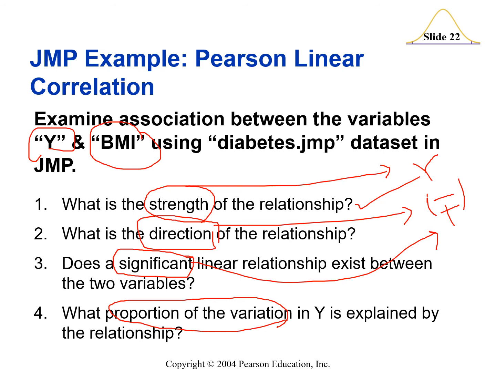The proportion of variation is computed by r square, which is the coefficient of determination. So you need to compute small r, see the sign, then test the hypothesis and find R square.